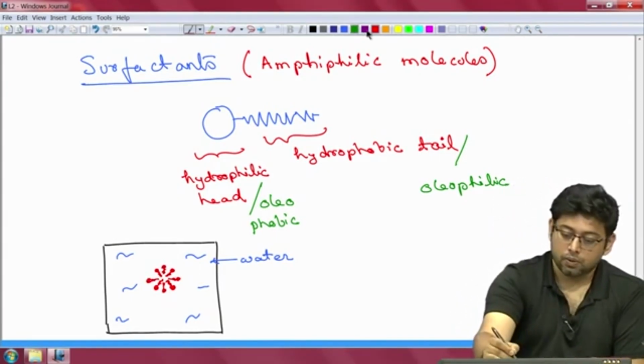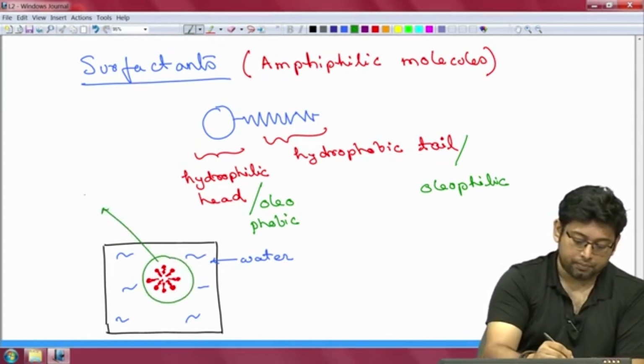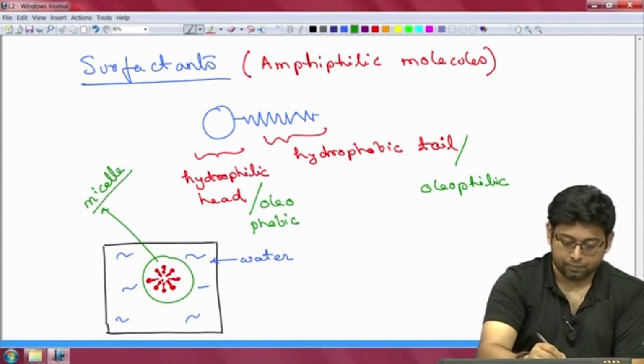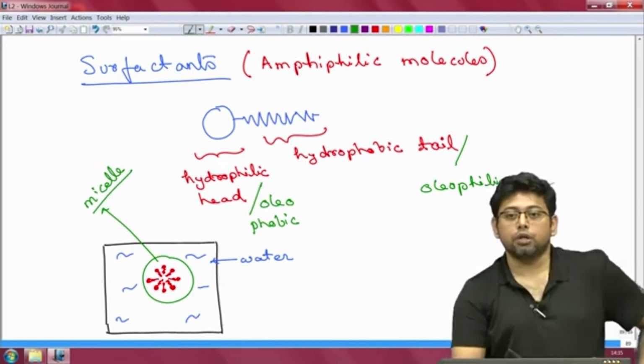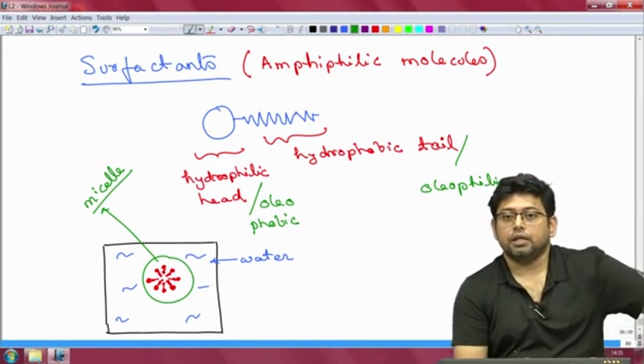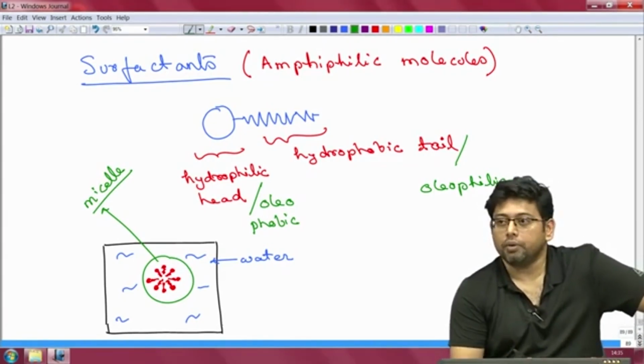Okay. So, this configuration is called a micelle. And this is how these surfactant molecules, which are amphiphilic in nature, can actually end up dissolving in water, even though they have a hydrophobic tail.